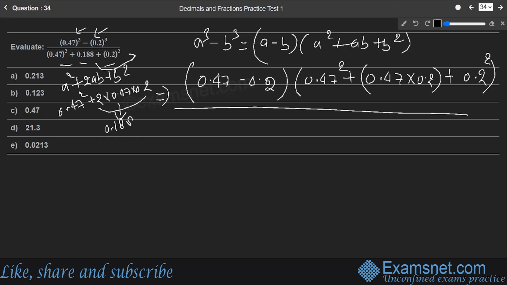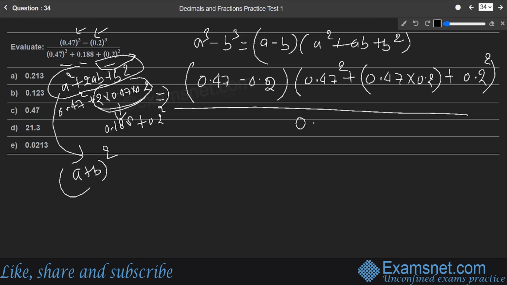So it is of the form 2ab, plus 0.2 square, which is b square. So this is a square plus 2ab plus b square, which is a plus b whole square. The denominator can be written as a plus b whole square, where a is 0.47 and b is 0.2, so 0.47 plus 0.2 whole square.